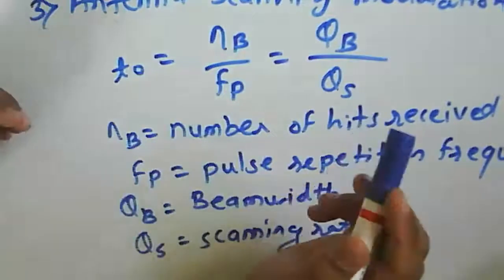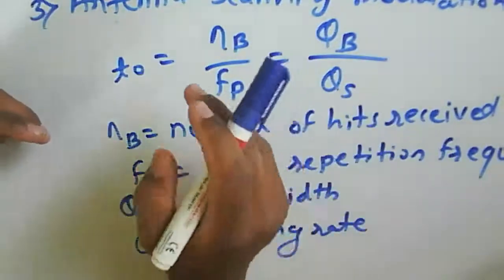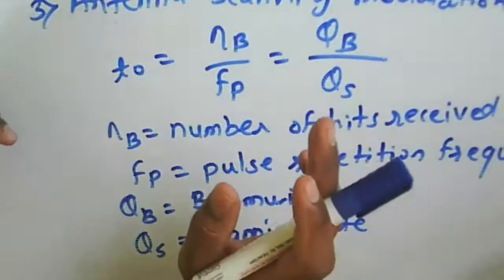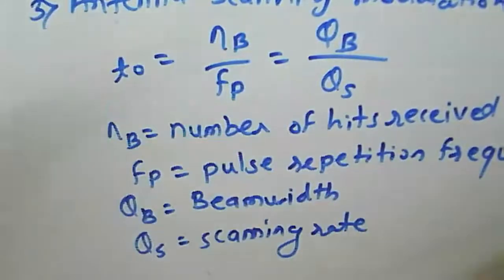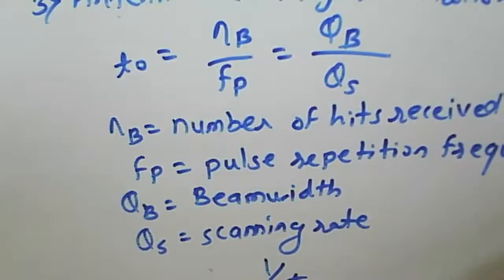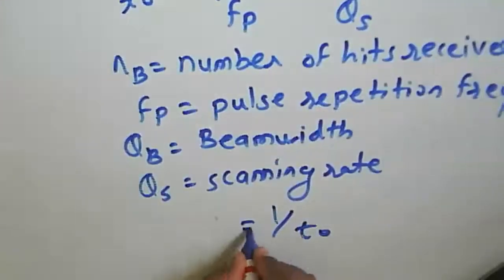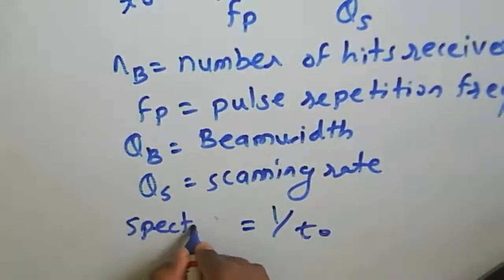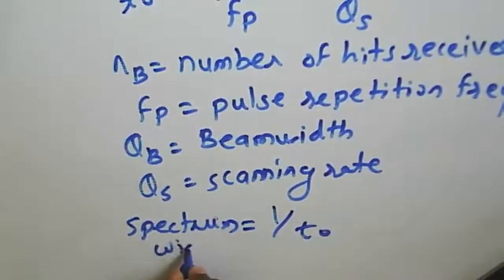If T0 is large, it affects the improvement factor. The spectrum width is 1 by T0, and that spectrum width is used to identify a stationary object.